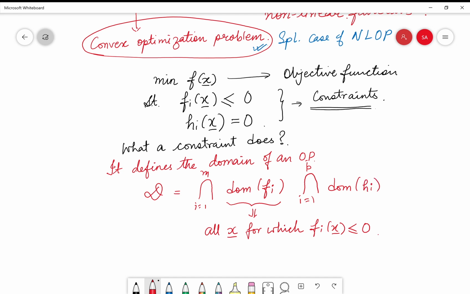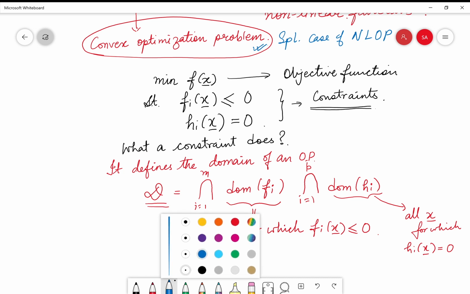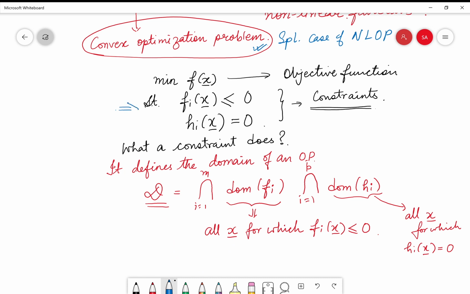Fine. So this is called the domain of the optimization problem. Again, the domain of the h_i are all x for which h_i(x) is equal to 0. So what a constraint does is that it defines the domain of the optimization problem, and you can write this optimization problem as an equivalent of minimizing f(x) where x belongs to this domain.